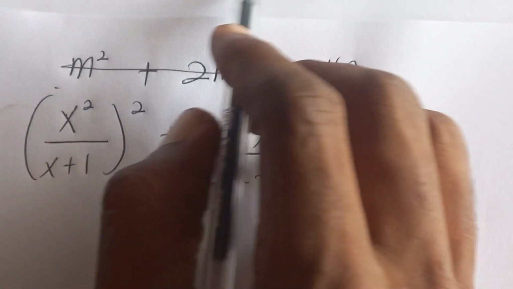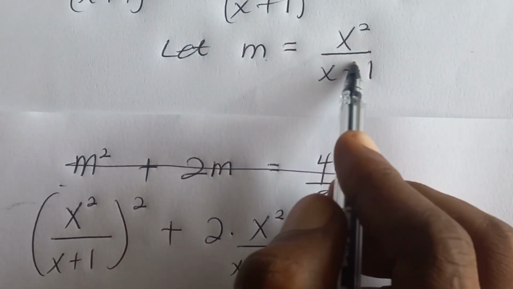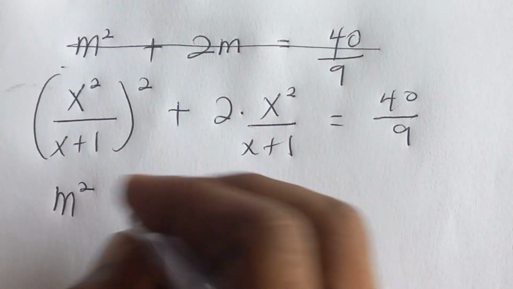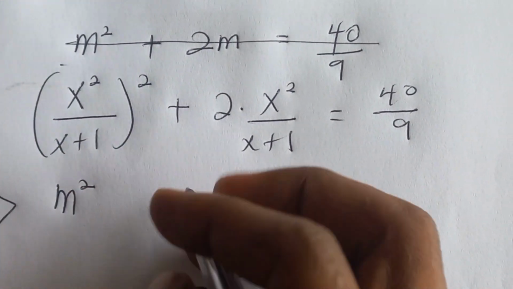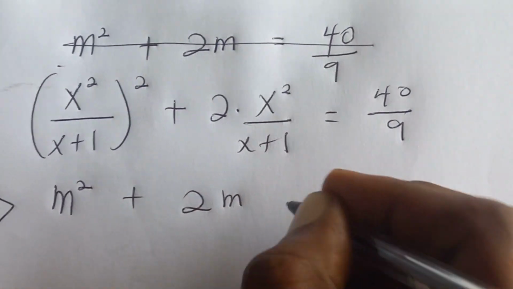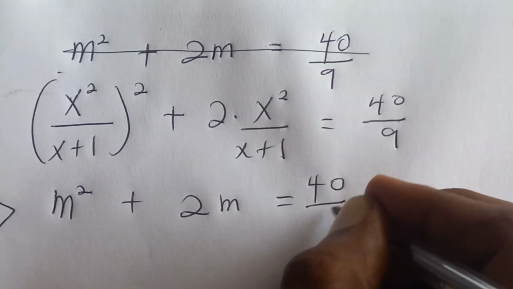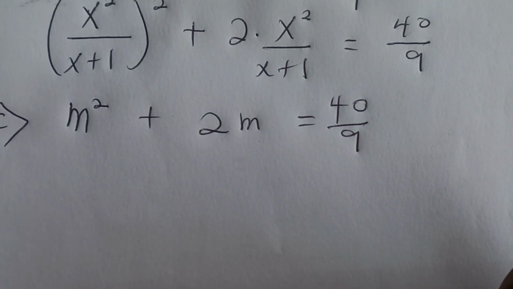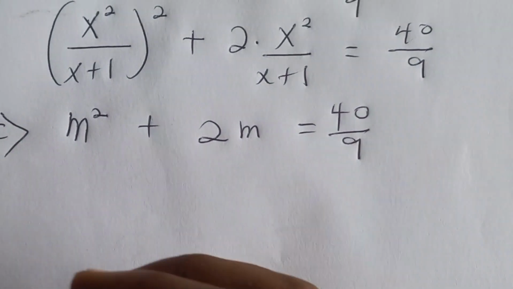So now that we are saying our m is equal to x squared over x plus 1, we have an m squared. Okay, m squared plus 2m is equal to 40 over 9. Now I hope it is clear so that we can continue from here.